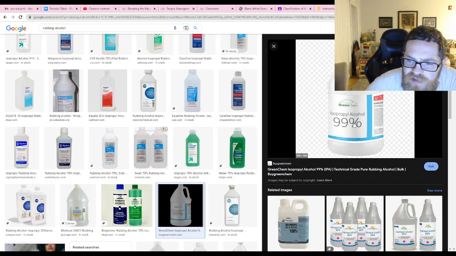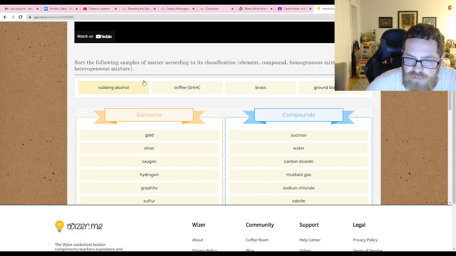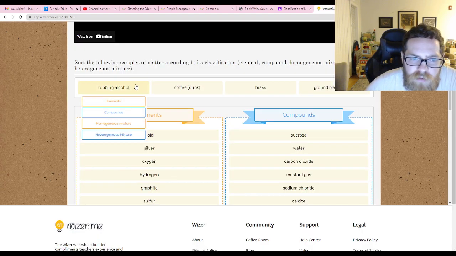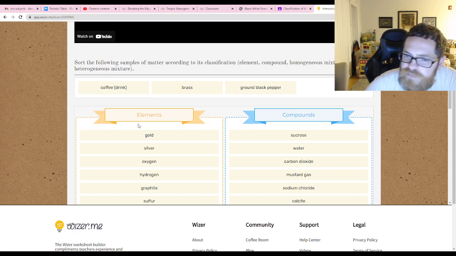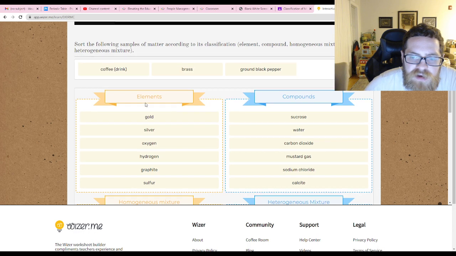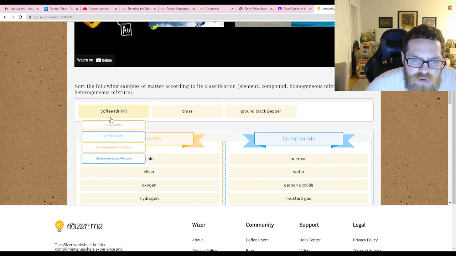Even something that is 99% is still a mixture. So rubbing alcohol would be a homogeneous mixture. Now, coffee, at least a good coffee, should be a homogeneous mixture, where you can't tell one part from another if it's nice and smooth.